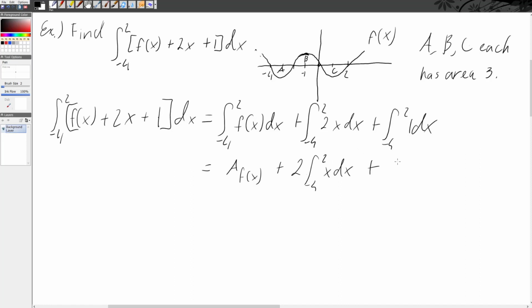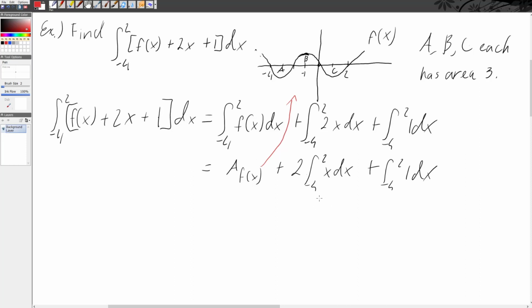Plus, that's just a constant. Up until now, the only way for us to find area is to be able to find the graph. Luckily, in this case, the graph of f of x has already been given to us. It's right there. We just need to add up each term, but we'll talk more about that later.